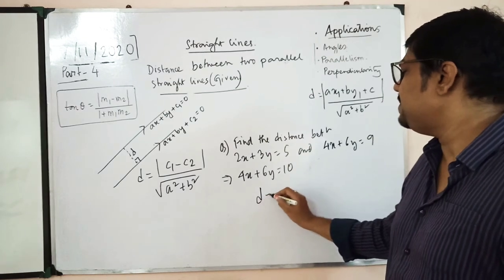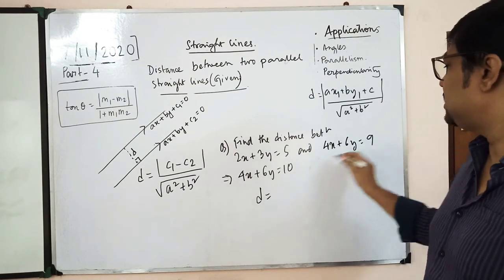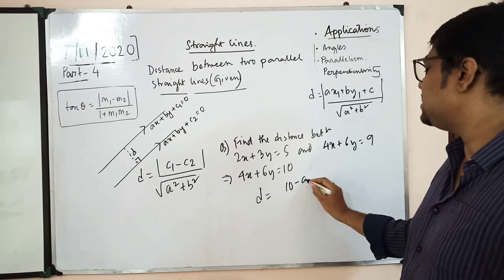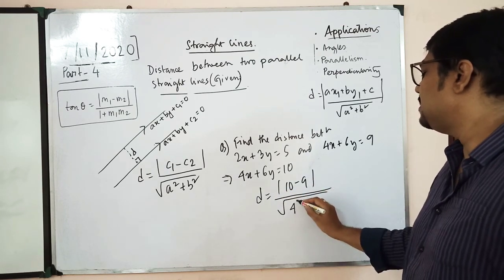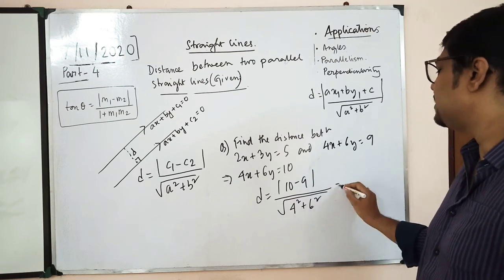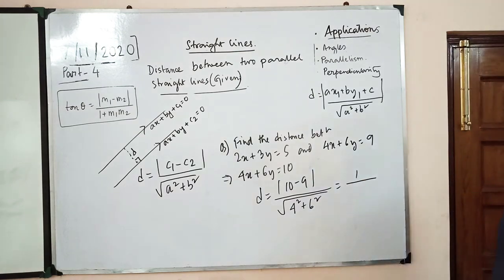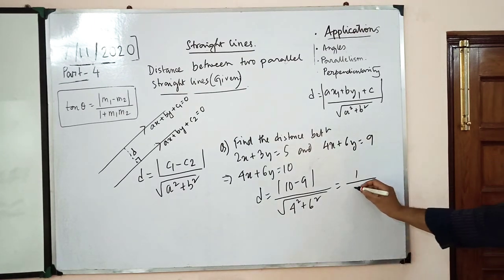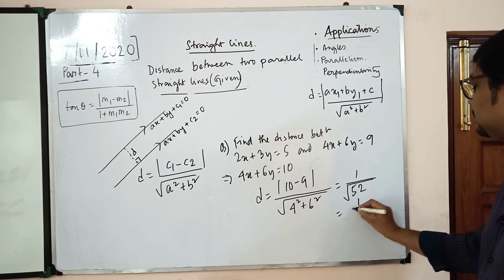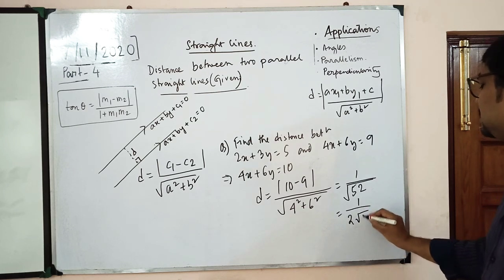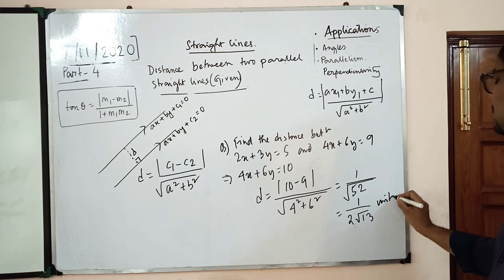Then the distance will be c1 minus c2, that means 10 minus 9, which is a mod, and then root over 4 square and 6 square, which will be 1 by root of 36 plus 16, which is 52 under root. 52 means 2 root 13. So this is the distance.